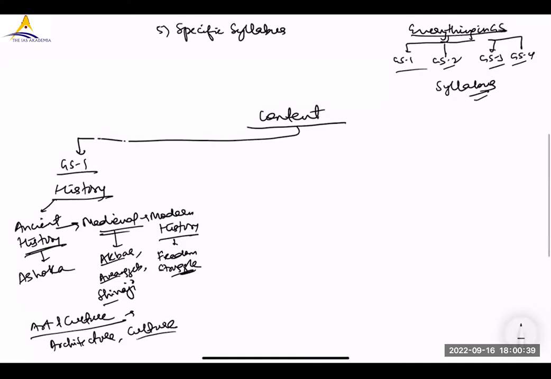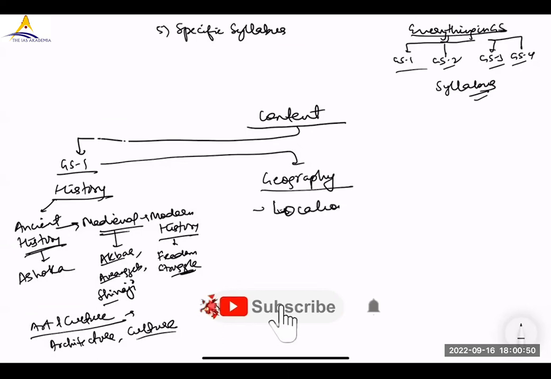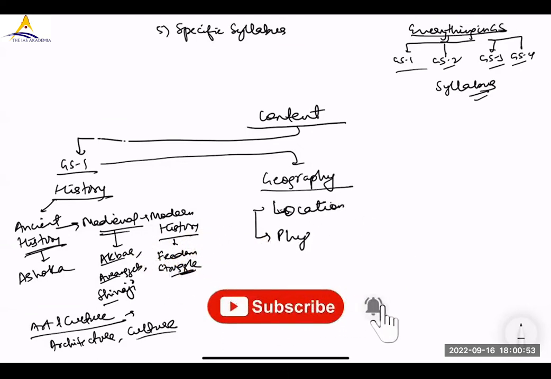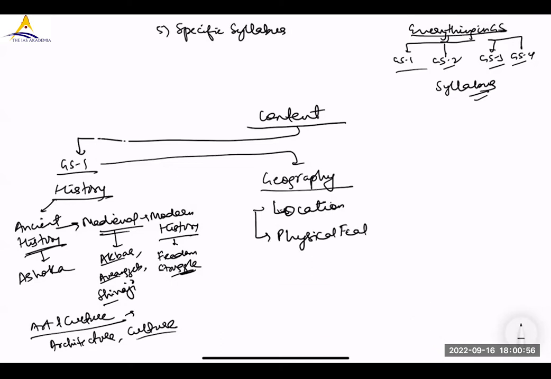The second part of your GS1 is geography. So geography, location, physical features, climate: all of this will give you some dimension to write in your essay. For example, if there is an essay on India and Pakistan border disputes, you will write about Siachen, its climate.